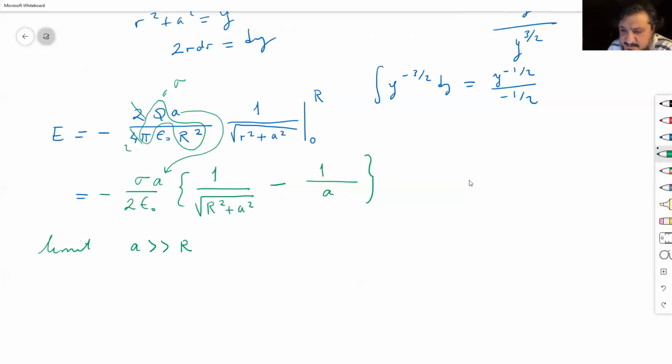So in this limit, what will be the answer? Let's do the same trick. Do I still get 0 there? I don't want to get 0. 1 over r.